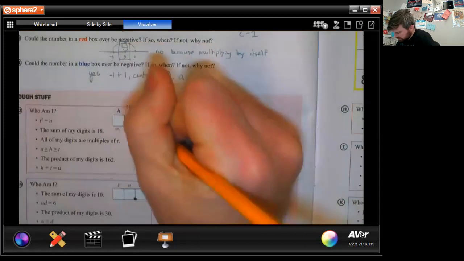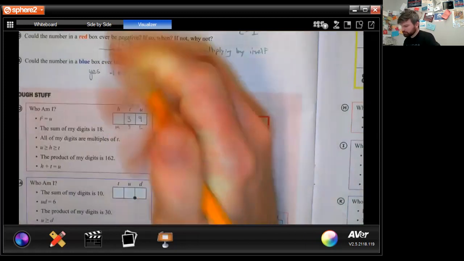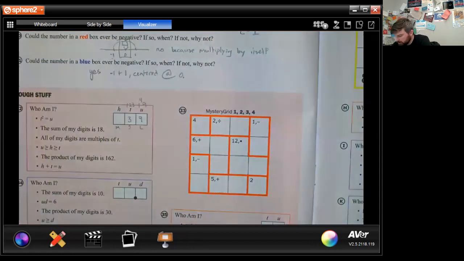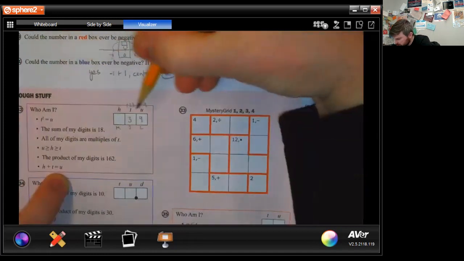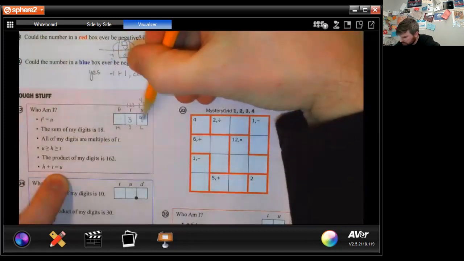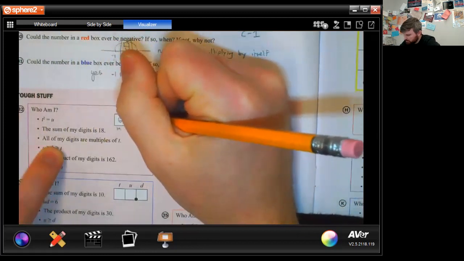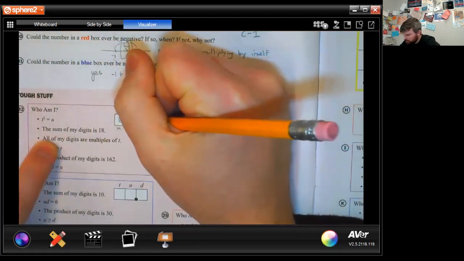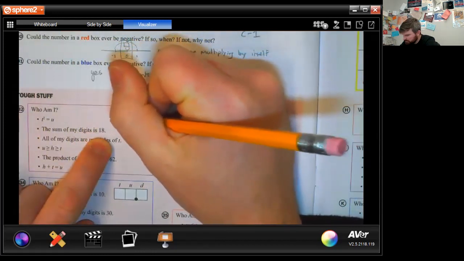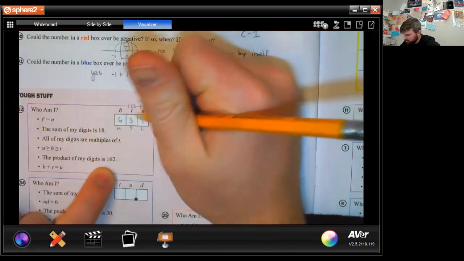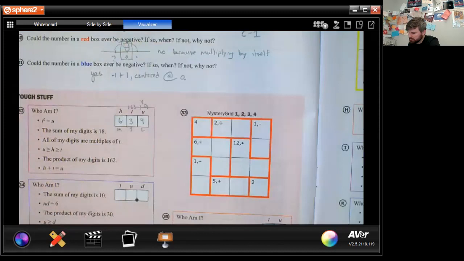So if this is a large, let's just pick this large number here, 9, which means this is 3. Okay, so H plus T is U. So H plus this is, so this needs to be 6, which is still a multiple of T. The sum of my digits is 18. 9, 10, 11, 12, 13, 14, 15, 16, 17, 18. And the product of my digits is 162. So if you multiply those together, you will get 162.